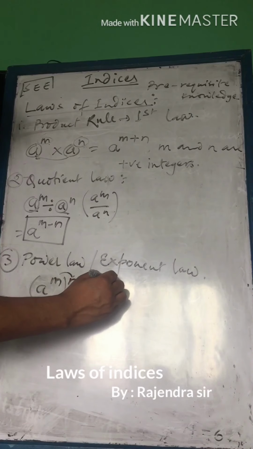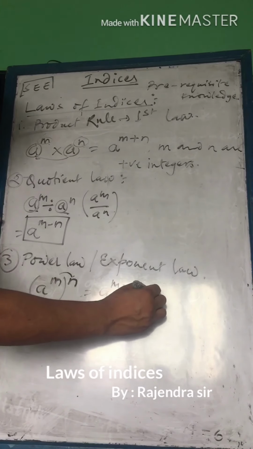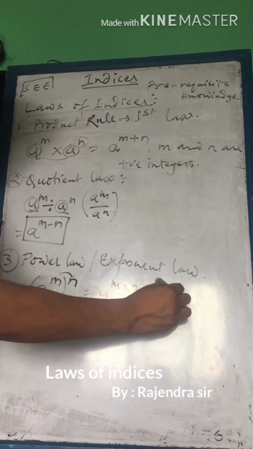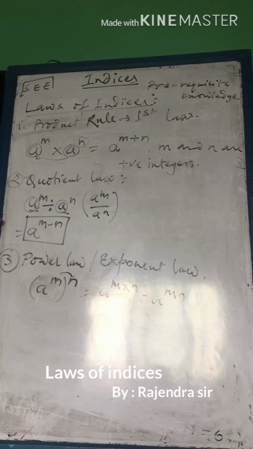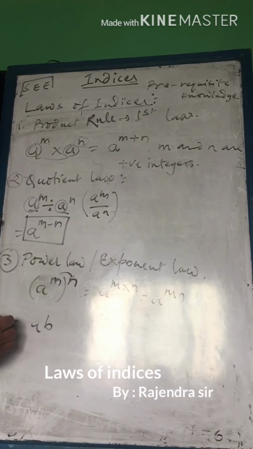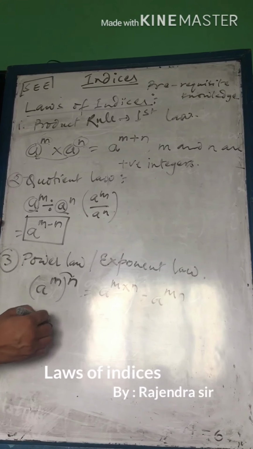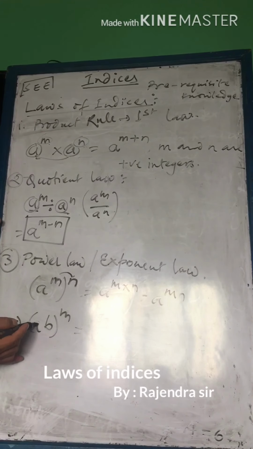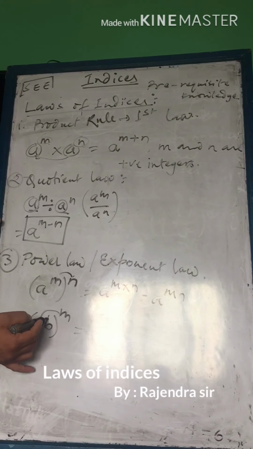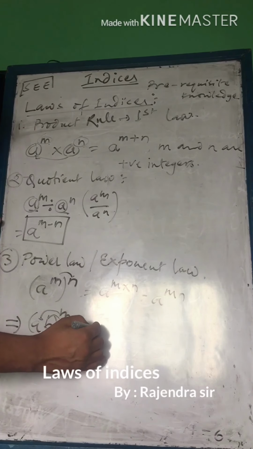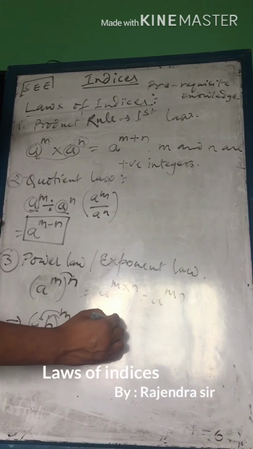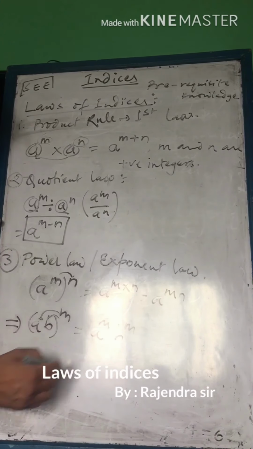A to the power m, whole to the power n, equals a to the power mn. Similarly, when ab has a power m, the power m applies to both a and b, so it can be written as a to the power m, b to the power m.